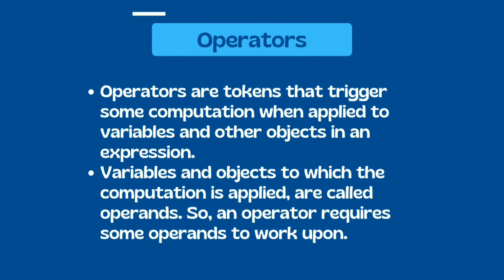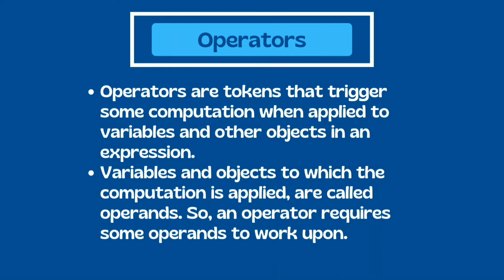After literals, it comes operators. See, what is operator? Operators are tokens that trigger some computations when applied to variables and other objects in an expression. Okay, variables and objects to which the computation is applied are called operands. So an operator requires some operands to work upon.